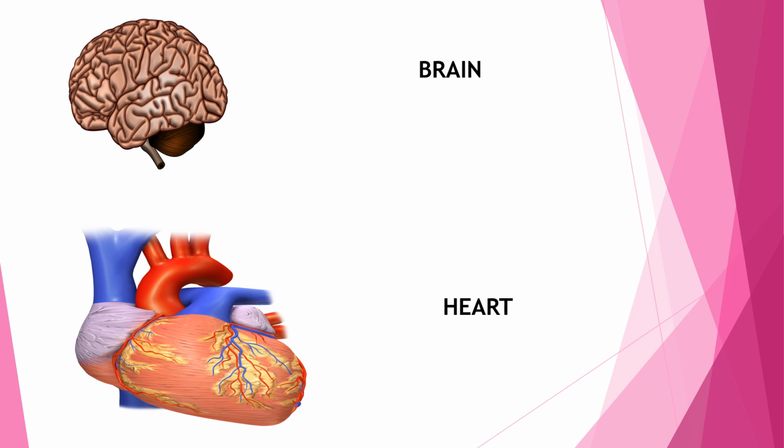The name of the organ is brain. And the fourth picture given is the picture of the organ which belongs to the circulatory system. It passes the oxygenated blood to the whole body and carries the deoxygenated blood from the body and oxygenates it. Yes, children, this organ is heart.